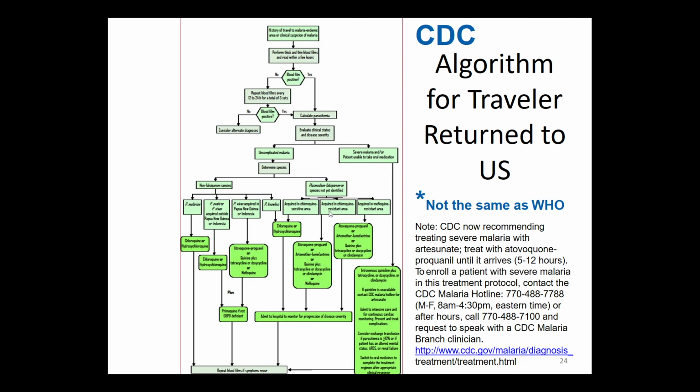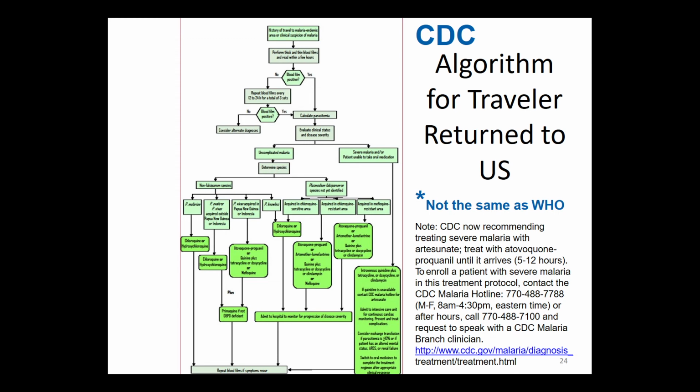Again, if it's Plasmodium falciparum or a species not yet identified, and it is acquired in a chloroquine-sensitive area, then the same scheme as Plasmodium knowlesi: chloroquine or hydroxychloroquine, and admission to the hospital, because Plasmodium falciparum often has a severe course.